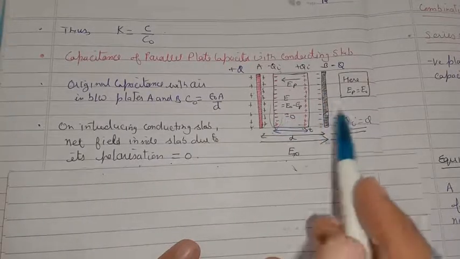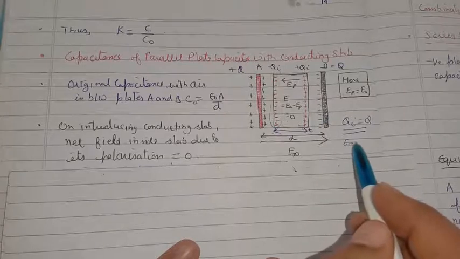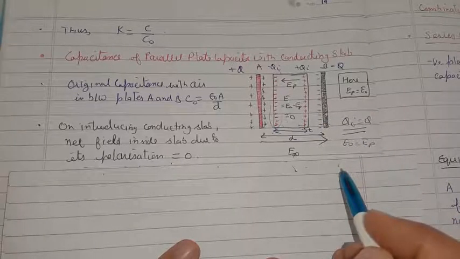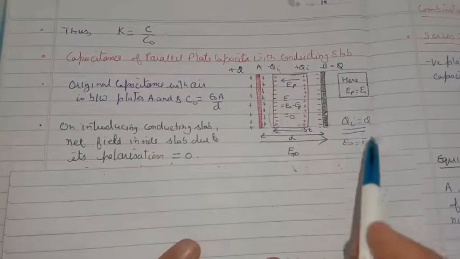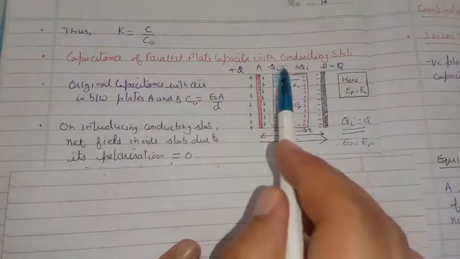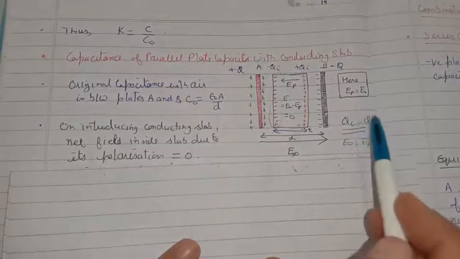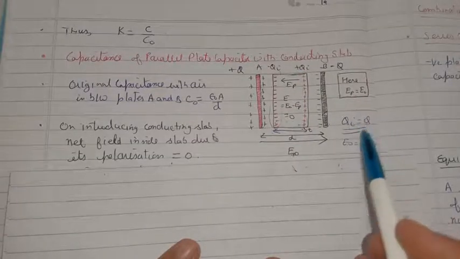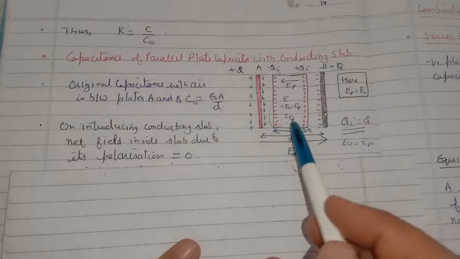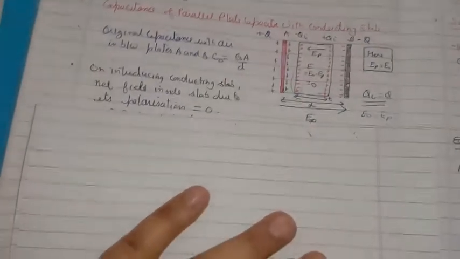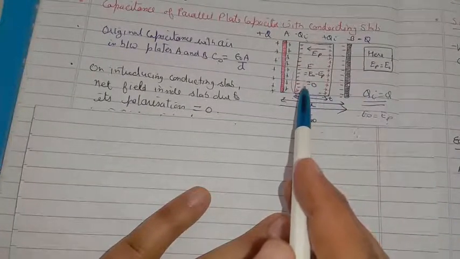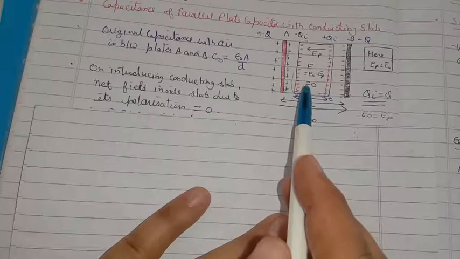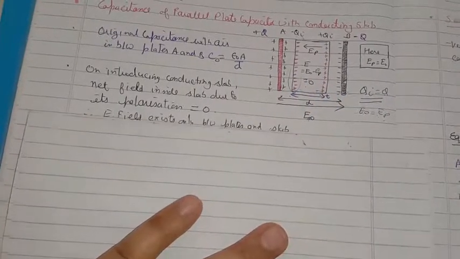Because for a conducting slab, E naught and Ep are the same. E naught arises due to charge Q and minus Q. Ep arises due to minus Qi and plus Qi, and we already know that both charges are the same, so field strengths are the same but directed opposite. Whereas the reduced field in case of the dielectric was E, in case of the conducting slab it is 0.